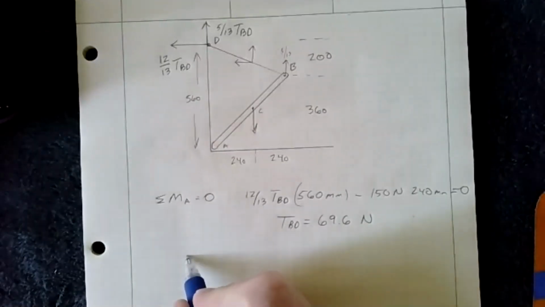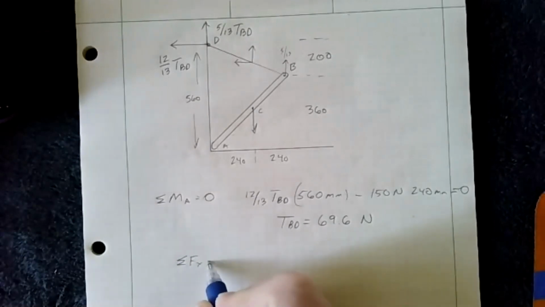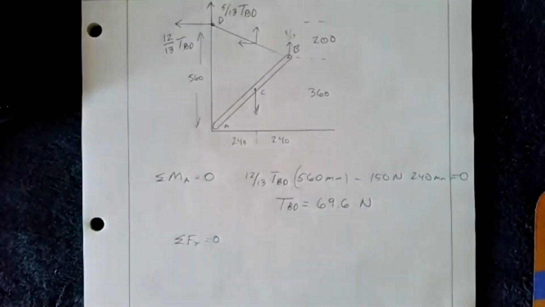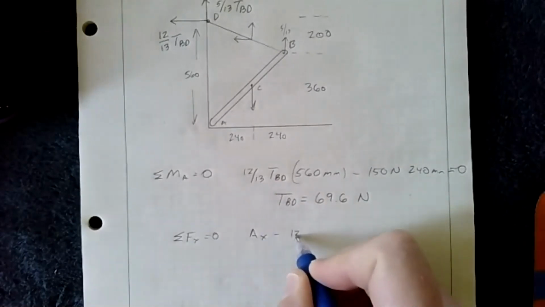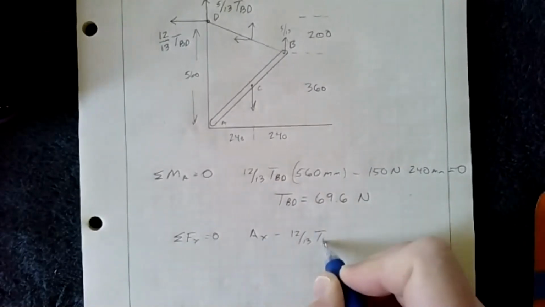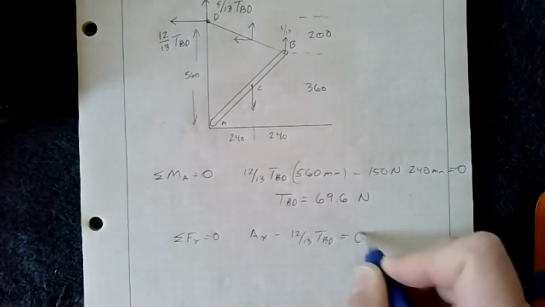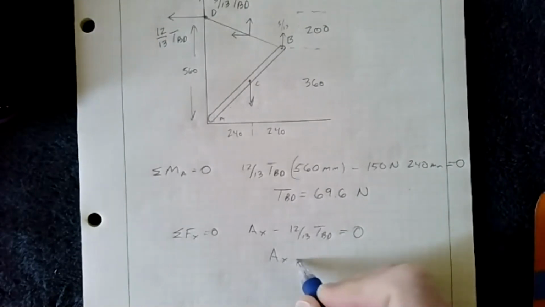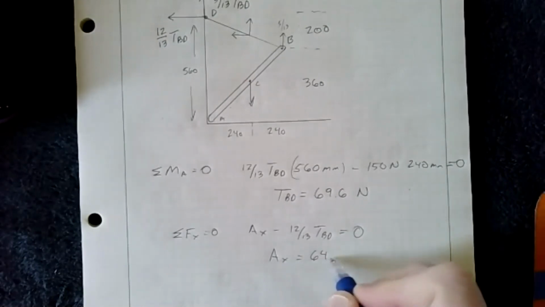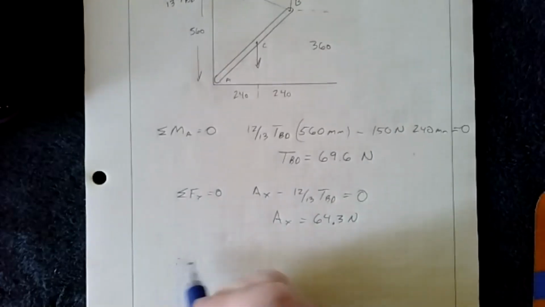So then we're going to go ahead and sum the forces in the x to 0. And we know that that's going to be AX minus 12/13 TBD equals 0. So we're going to get A in the X is going to be 64.3 newtons. Do the same thing.